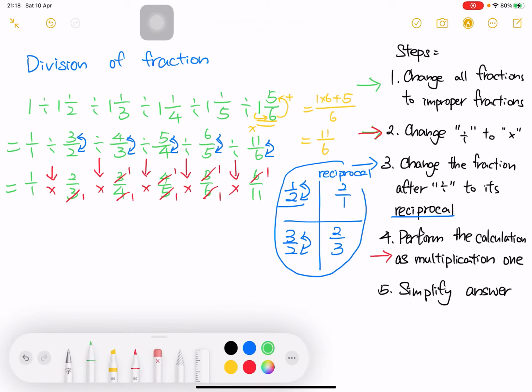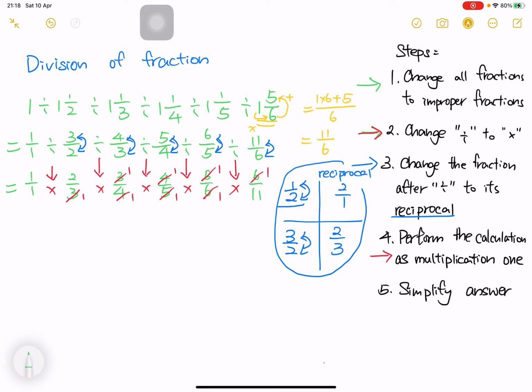After I simplify, I need to multiply the numerators and the denominators. Numerators multiply together, denominators multiply together. The numbers remaining on the numerator are 1 and then 2 and then 1, 1, 1, 1. And for the denominator, which is 1, the 3 is not here, I simplified it, so 3 became 1, and then 1, 1, 1, and then 11.